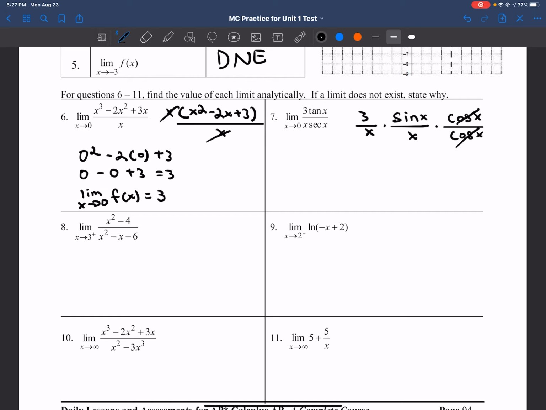So these just cancel out, and this becomes 3 multiplied by 1, because sine of x over x is 1. So you just get 3. And so limit as x approaches 0, f of x equals 3.